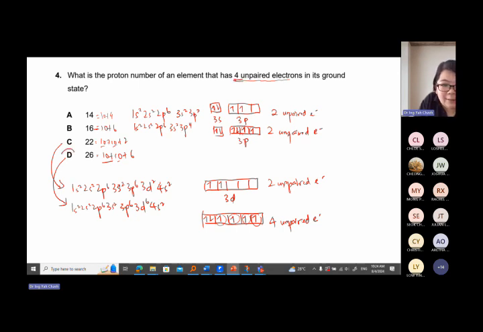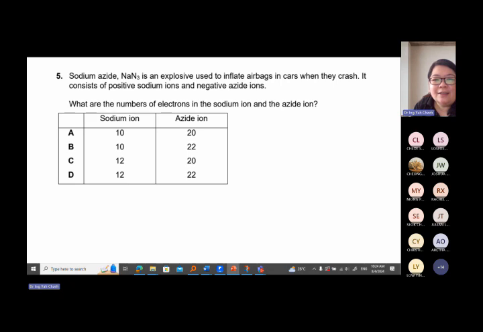The answer is D. Sodium azide NaN3 is an explosive used to inflate airbags in cars when they crash. It consists of positive sodium ions and negative azide ions. What are the numbers of electrons in the sodium ion and also the azide ion? Now here NaN3 you have a cation and an anion.